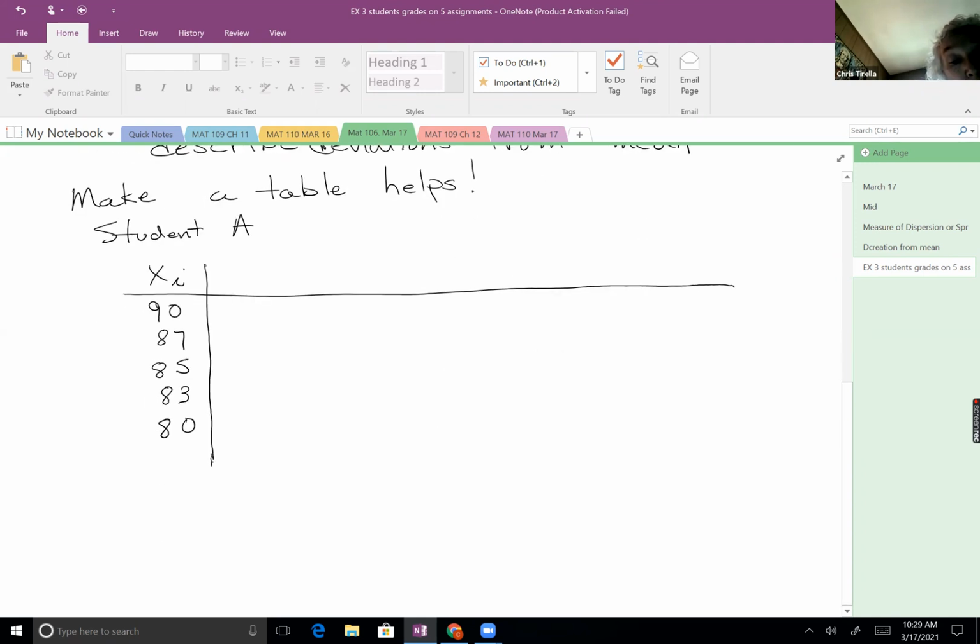So in the first column, which is X sub I, is going to be my data values.